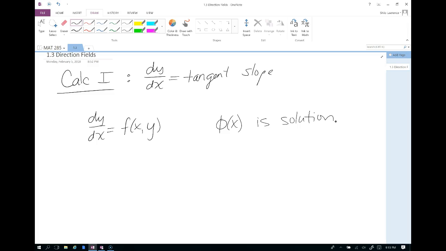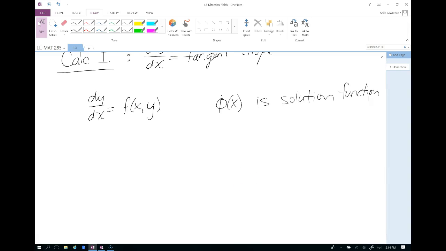If we were also given a specific point on phi of x, then we could possibly try to sketch the graph for phi of x, but we have no idea what the function notation, the function representation for this solution is. This is just purely graphical here in section 1.3.